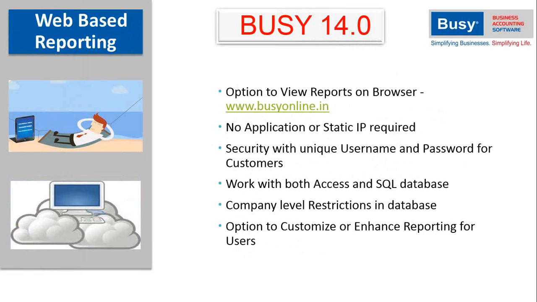You need to go to the website busyonline.in, and you can give your username and password and view the reports. It will work with both SQL and Access databases, and no static IP is required. It will work on a dynamic IP also. And company level restrictions are there, means nobody can view the reports of another company or another user.